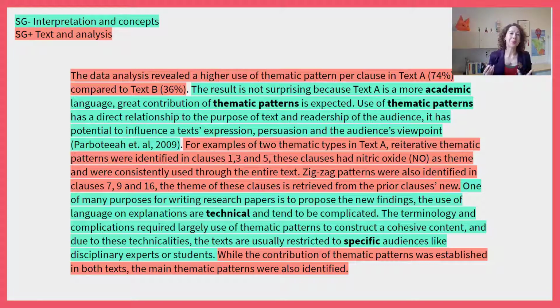Back up again to talk about the impact being technical and specific, and then back down again to segue to the next paragraph. So we can see the academic register framework helping the students to move not down and up, but up and down and up and down, which is definitely successful in what we wanted them to do.